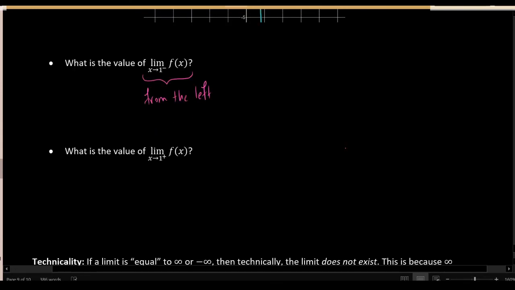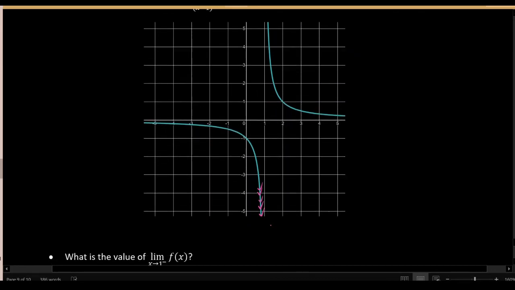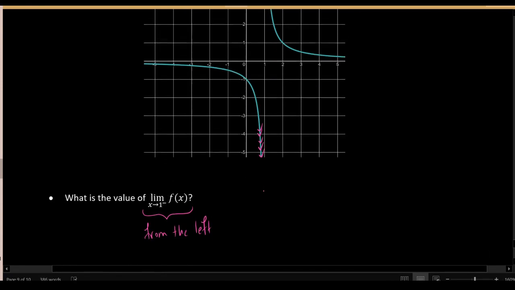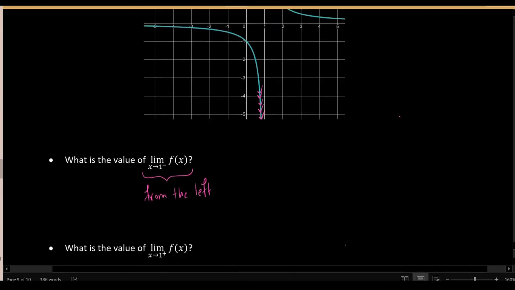So I'm going to go onto the graph. I'm going to locate x equals 1, which is right here where the vertical asymptote is. And then I'm going to move slightly to the left. I'm going to draw some chevrons from left to right, moving in toward 1. But as we follow them, those chevrons are pointing straight down toward negative infinity.